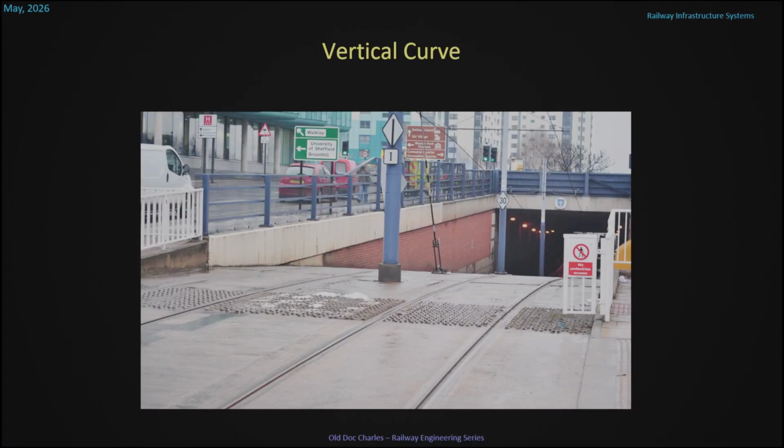And there's a vertical curve. You need to put in vertical curves because even though both grades are straight, you still need to meet at a tangent point. If you just had an upgrade and a flat grade coming together, there wouldn't be a tangent point. So you have to have vertical curves.